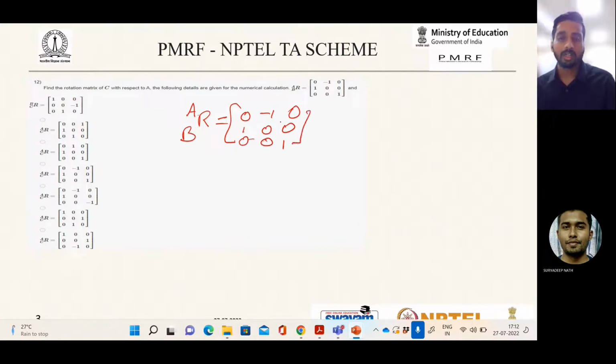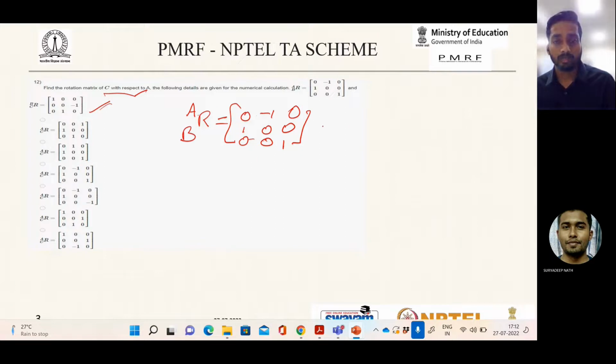It represents how you rotate from B to get it equivalent to A. Similarly, this other one represents how we rotate from C to get B. The question asks for C with respect to A, so we have to rotate C to A.